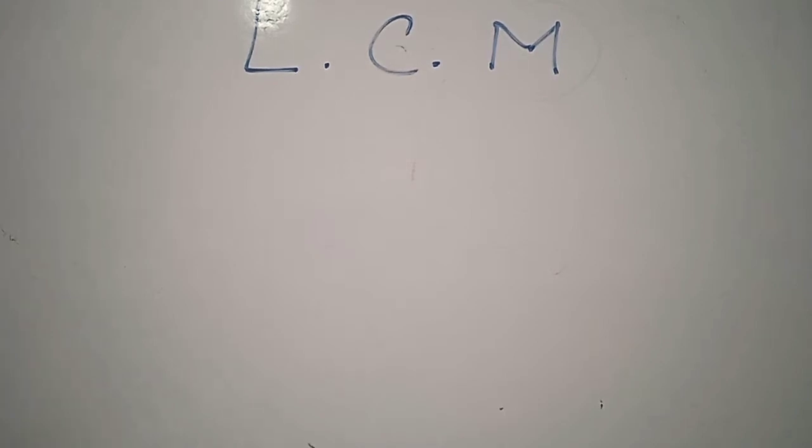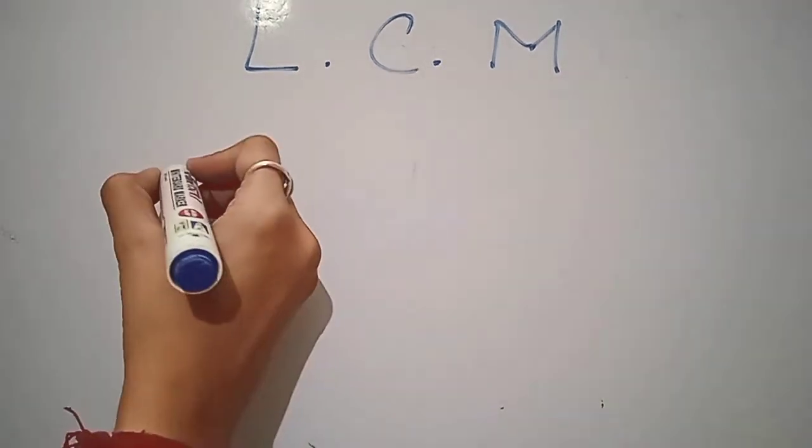Multiple of some number: suppose someone asks you to write the multiples of 3. That means you have to write the table of 3, that is 3 ones are, 3 twos are, 3 threes are. These are the multiples of 3, right? So in this chapter, first we will learn what a multiple is, and then we will find the full form of LCM and what we have to do.